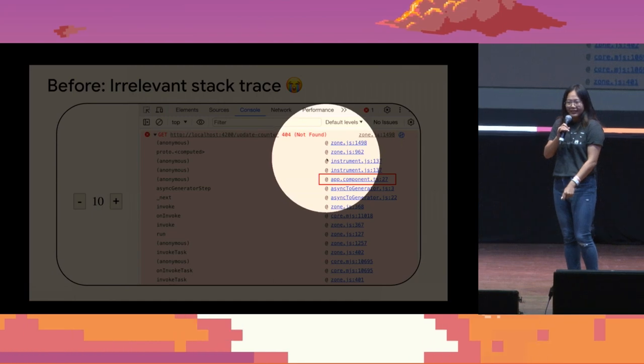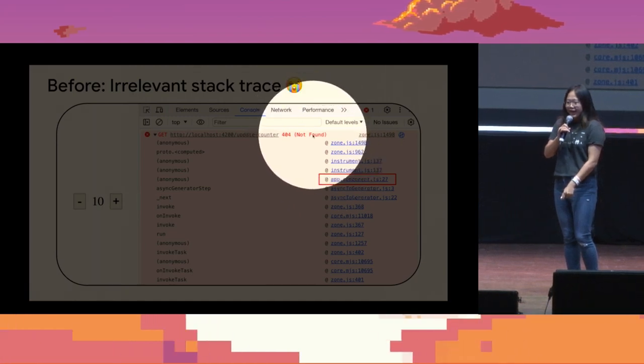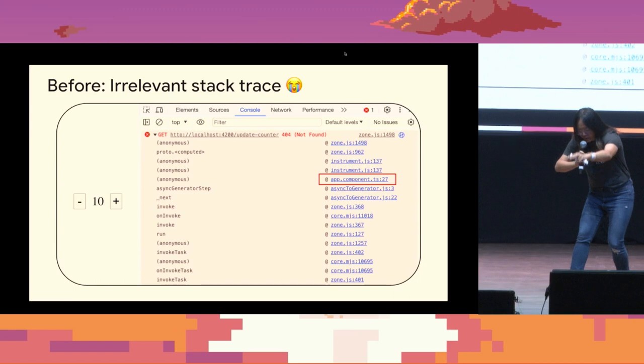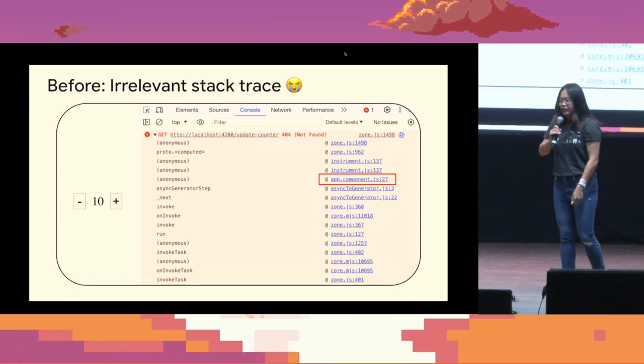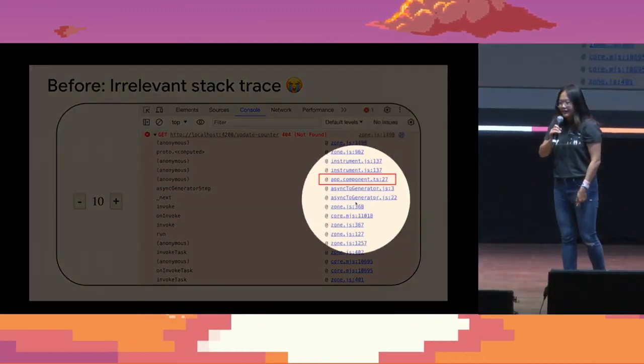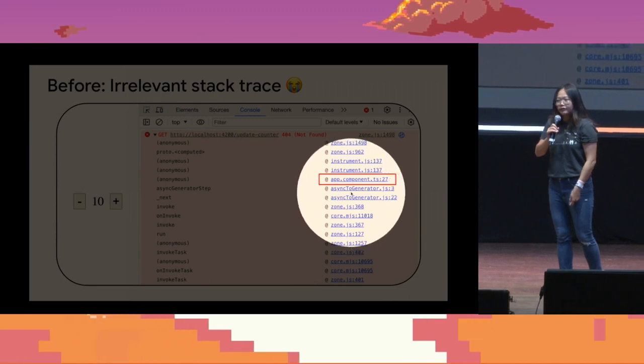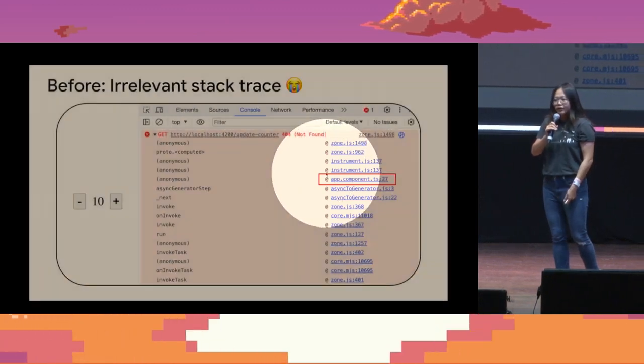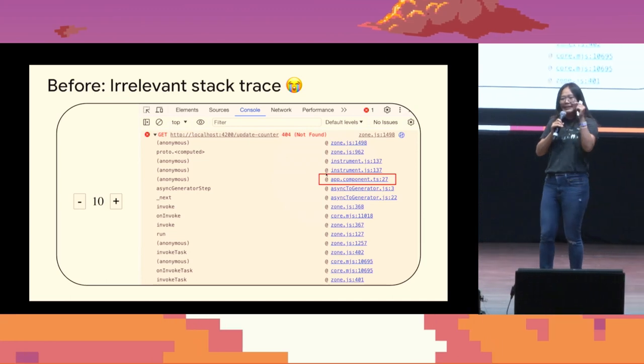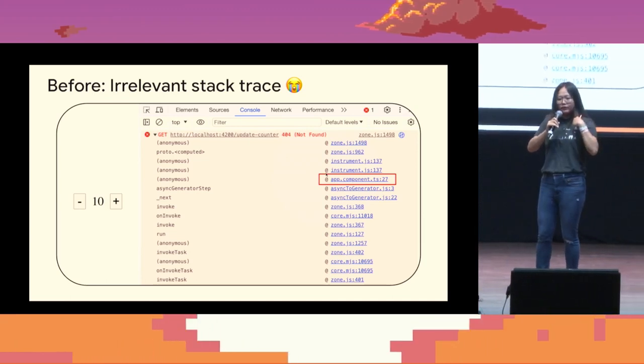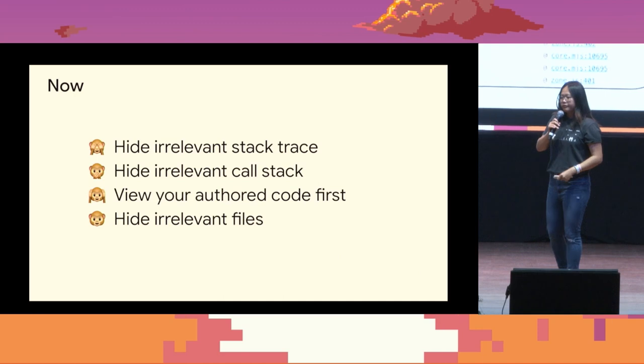Maybe you are using React, and then this code might be from React. And only when you go down, maybe 200 lines later, do you find that the error is happening in your component. But this is not what we want. What we want is to straight away see the errors in our code, not the library code.